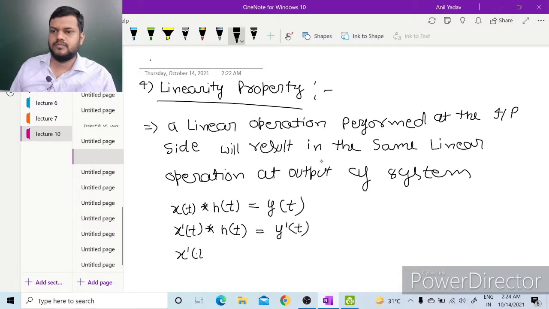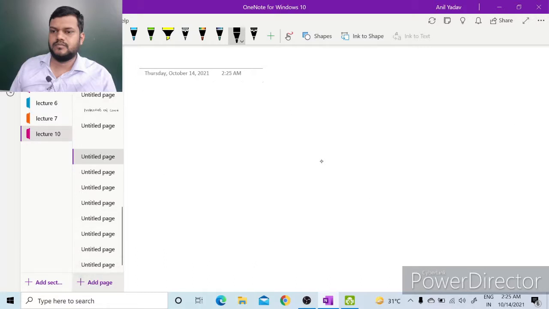X dash t convolved with h dash t will be y double dash t, double derivative of output, or x(t) convolved h dash t will be y dash t. So we can apply this property.